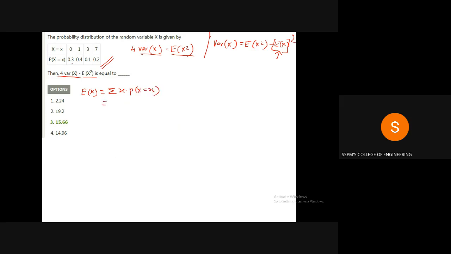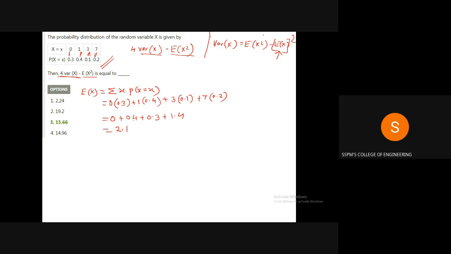So we just multiply these terms: 0 into 0.3 plus 1 into 0.4 plus 3 into 0.1 plus 7 into 0.2. So the multiplication will be 0 plus 0.4 plus 0.3 plus 1.4. So it will be 2.1. 0.4 plus 0.3 is 0.7, and 0.7 plus 1.4 is 2.1.